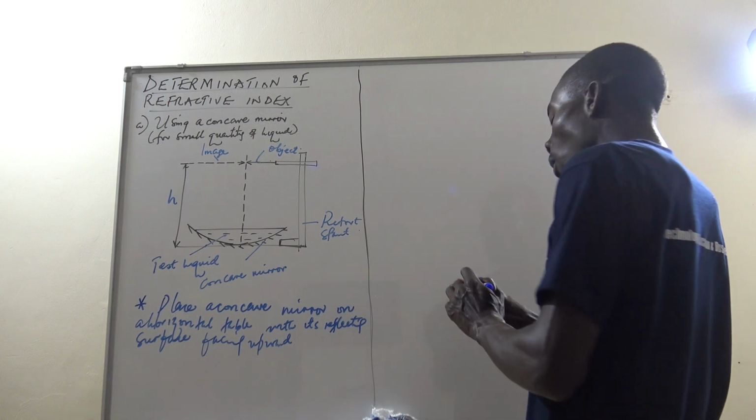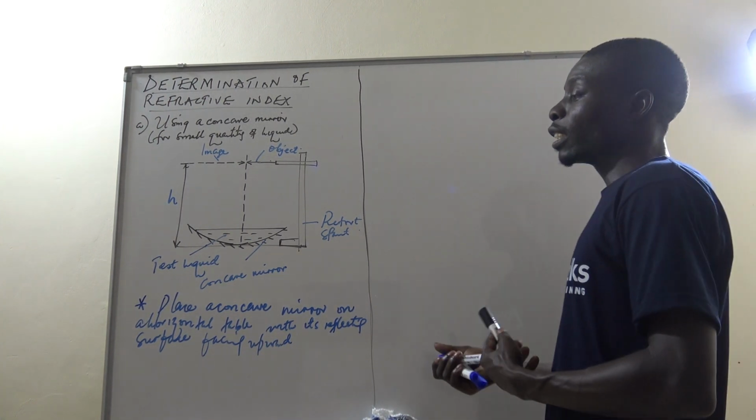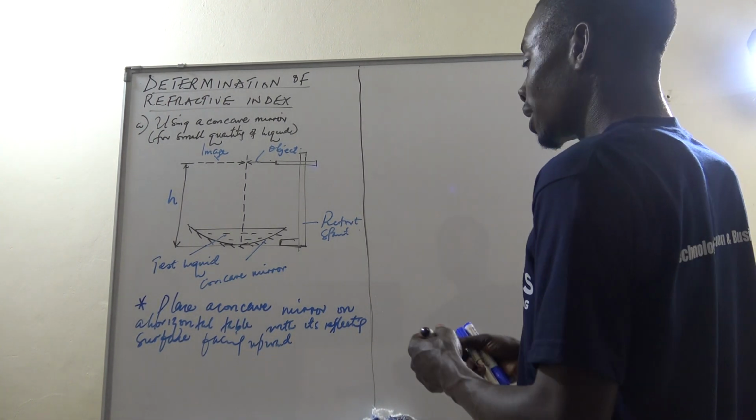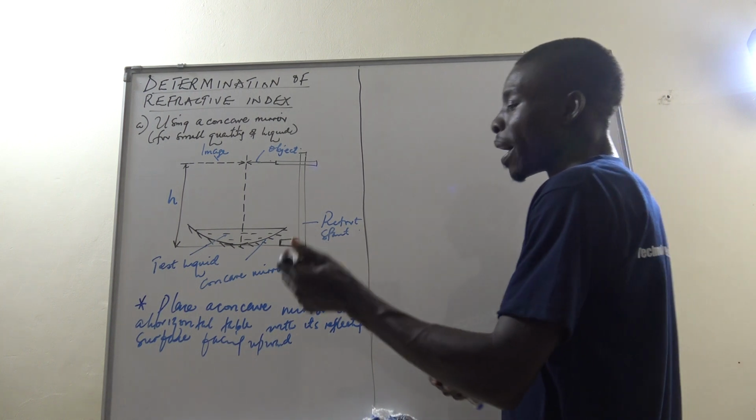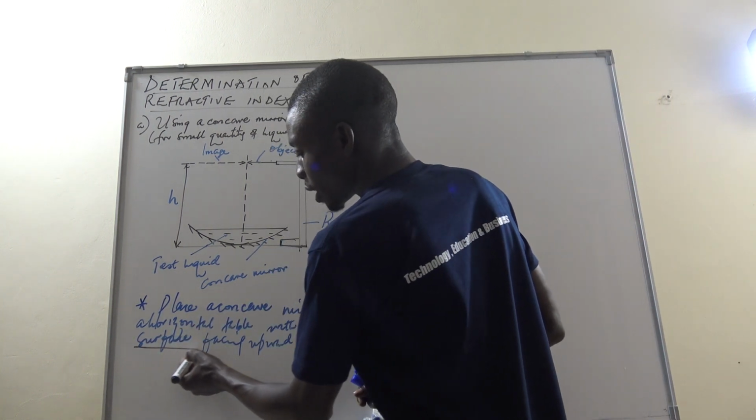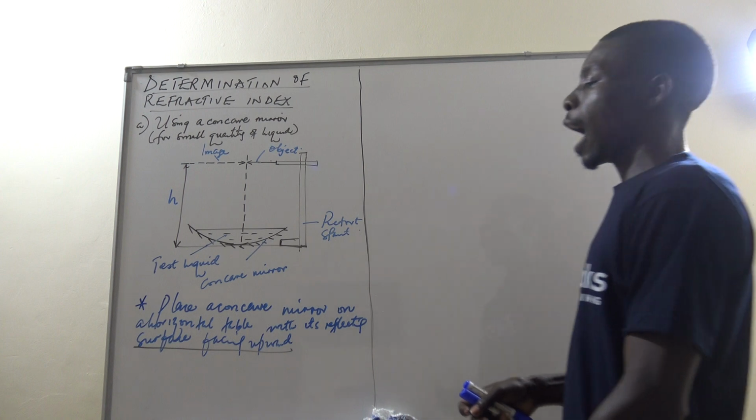So number one is you should get your concave mirror, place it on a horizontal table, and make sure that the reflecting surface is facing upward.